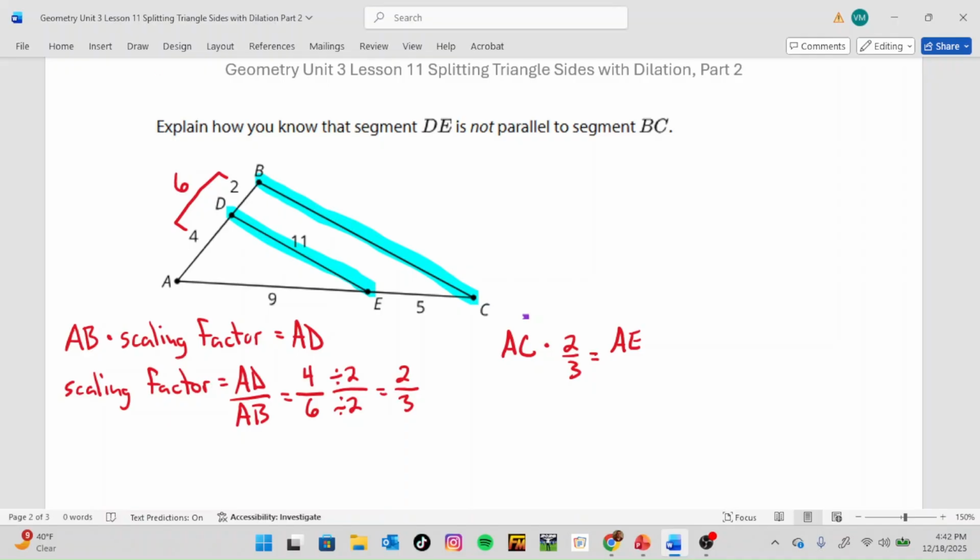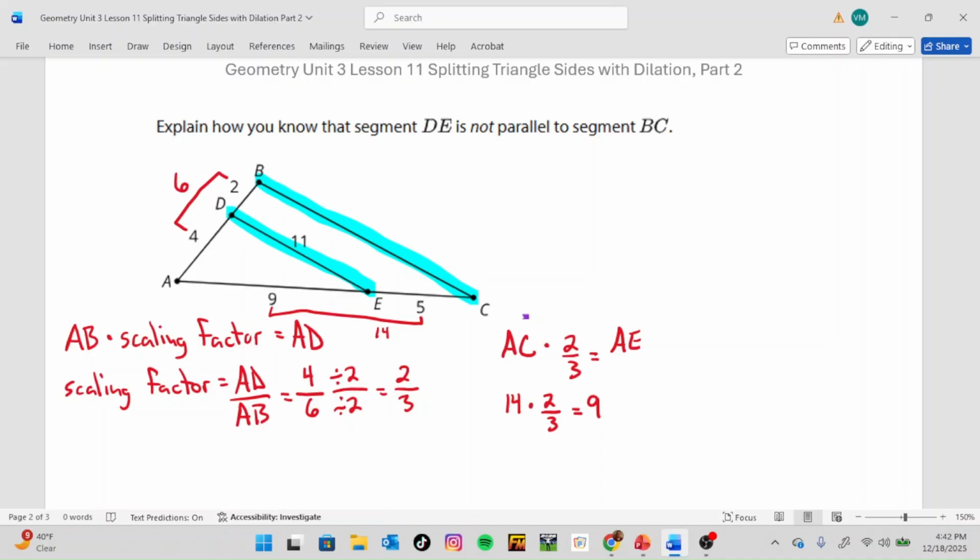Well, AC, I can see that by adding 9 and 15, I get 14. So 14 times 2/3 would need to equal AE, which they've labeled as 9.